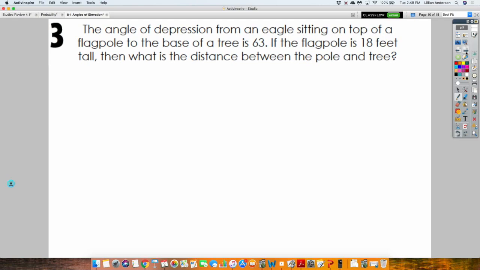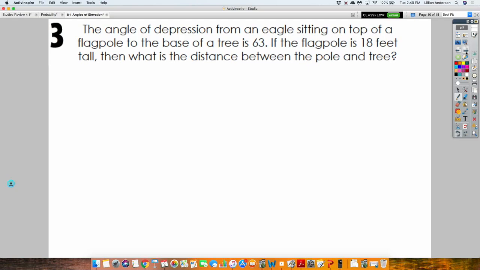The angle of depression from an eagle sitting on top of a flagpole to the base of a tree is 63, and I missed the degree sign. If the flagpole is 18 feet tall, then what is the distance between the pole and the tree? Okay, I need a lot of things in here. I need a pole. I need a tree.